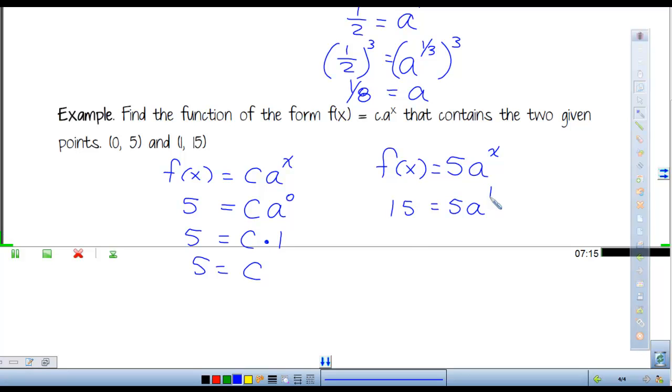I can divide both sides by 5. We get 3. So a is equal to 3. So our function turns out to be f of x equals 5 times 3 to the x. Okay, and we can check it because each of those points should work in our model. Okay, questions about that?